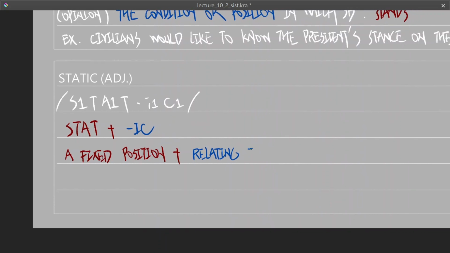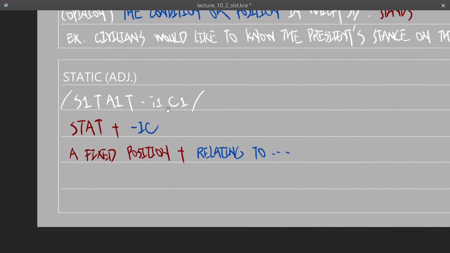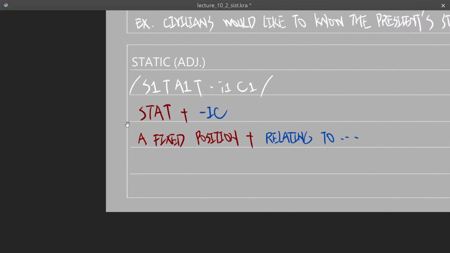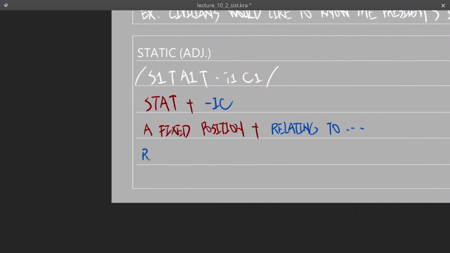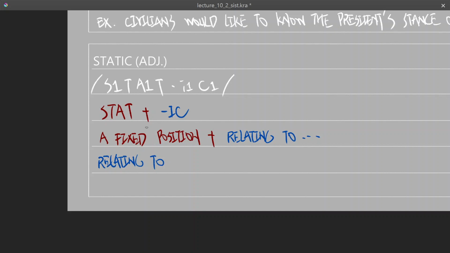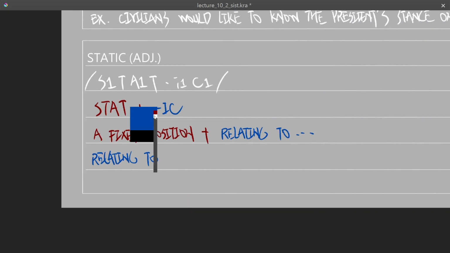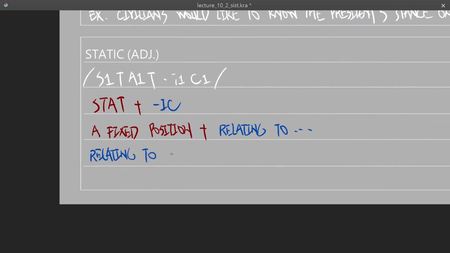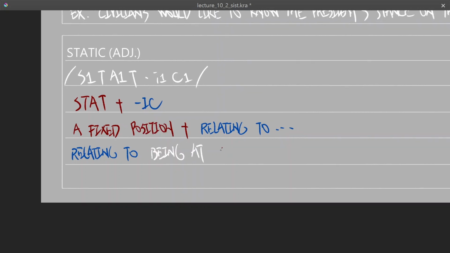So static literally means relating to being at a fixed position.